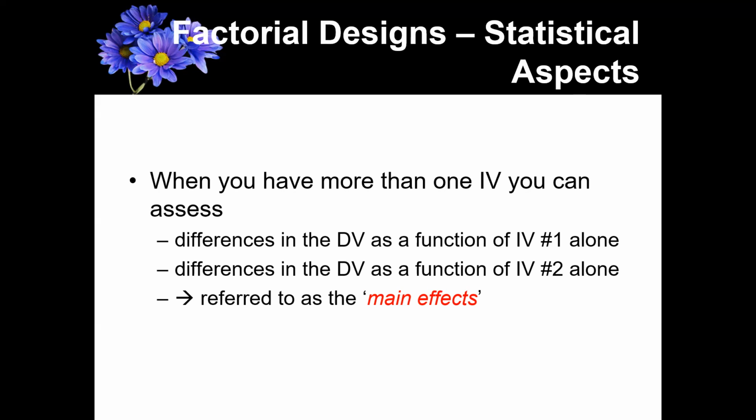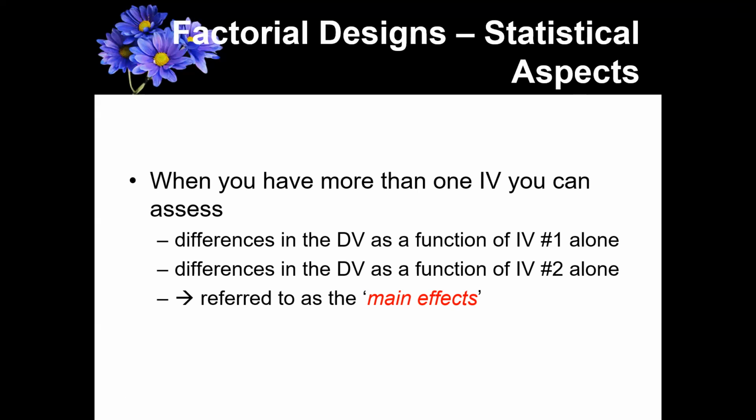Now, two of them are known as main effects. Right? And this just means that you're looking at the differences in the dependent variable and the condition means, but only as a function of one independent variable at a time. So I'm going to have a main effect of this first independent variable, and then I'm going to have a main effect of the second independent variable.